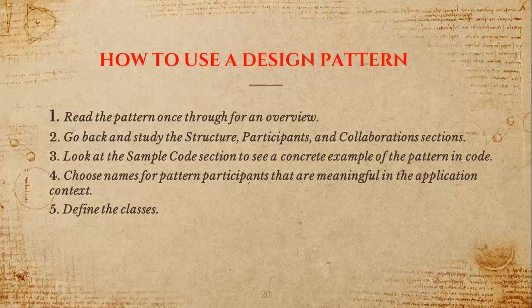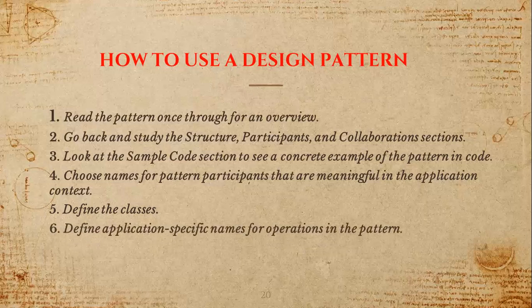And in the sixth step, we define application-specific names for operations in the pattern. Here, once again, the names generally depend on the application. So we use the responsibilities and collaborations associated with each operation as a guide, and we need to be consistent in our naming conventions. For example, we might use the create prefix consistently to denote a factory method.